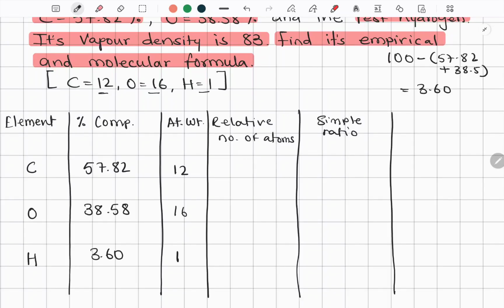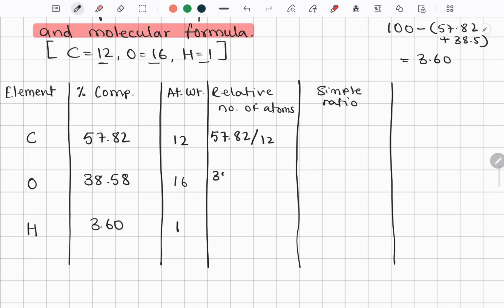Now the relative number of atoms. It's very simple. What to do over here? You have to divide the percentage composition by the atomic weight. In the first case it would be 57.82 divided by 12. In the case of oxygen, it would be 38.58 divided by 16.